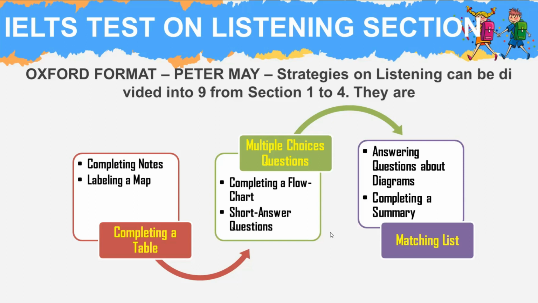Okay, there are 9 strategies here used by Peter May in an Oxford format of IELTS tests, especially on the listening section or listening skill. And then Memika will explain one by one the strategies related to these 9 strategies.